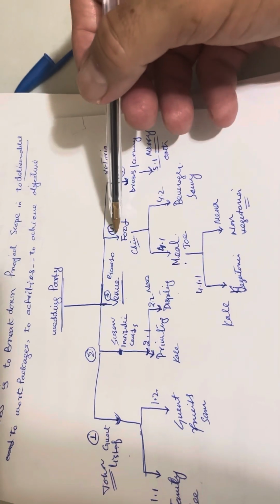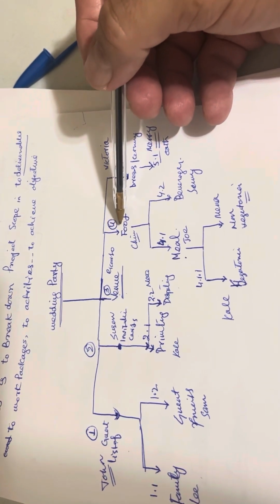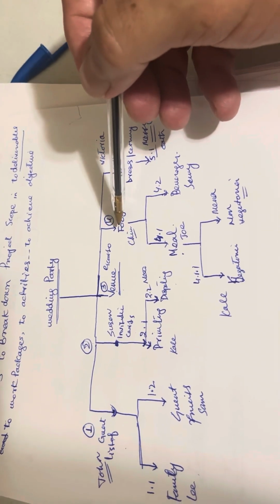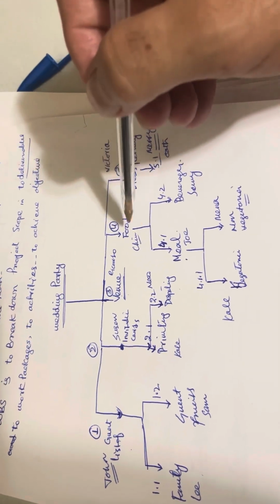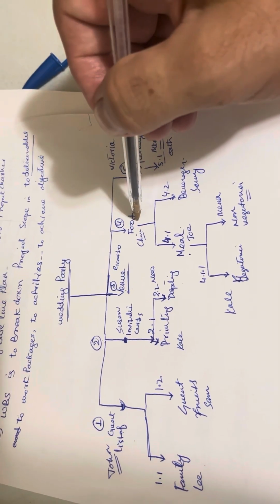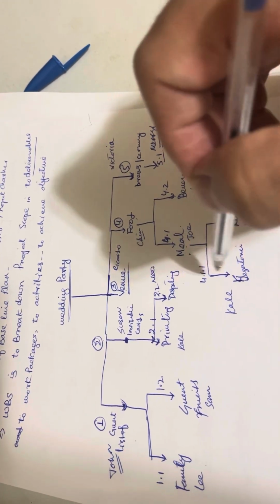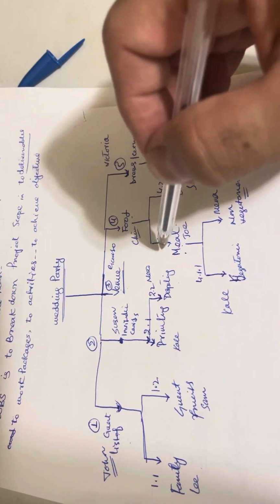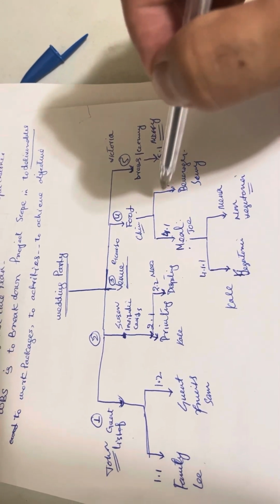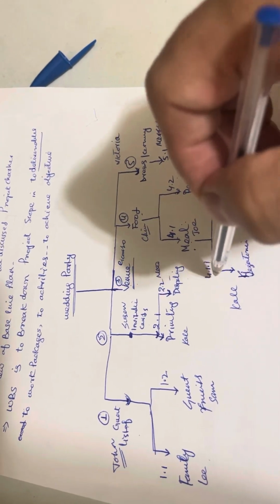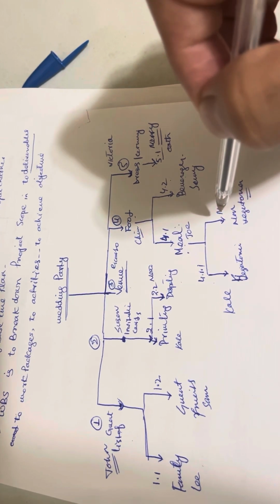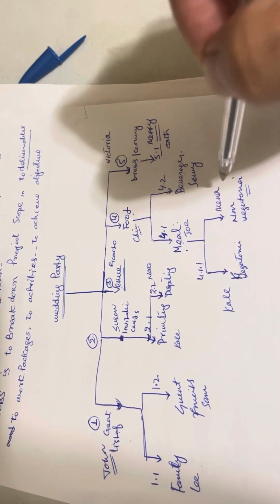The purpose is that you have to identify this food, a deliverable we have to provide. So the numbers we give are 4.1, 4.2, and 4.1 I further divide into 4.1.1 and 4.1.2.